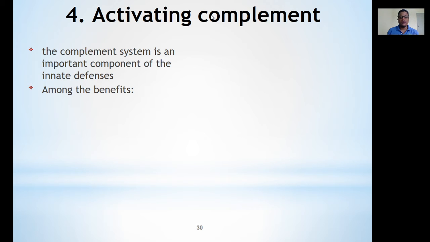Fourth, by activating the complement proteins. The complement system is an important component of the innate defenses.